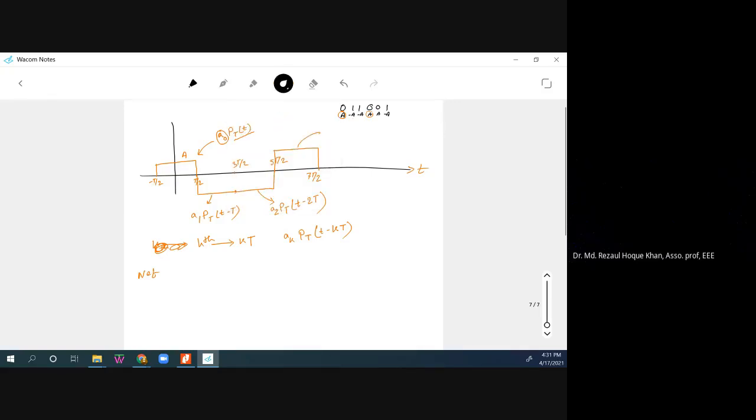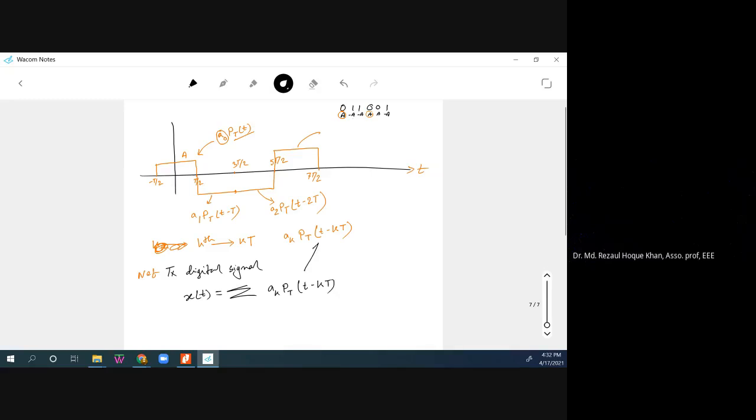So what is the net or total signal transmitted? The net transmitted digital signal, imagine we write it as x(t). x(t) equal to, we have to sum all the signals, right? So we have ak p(t minus kT).